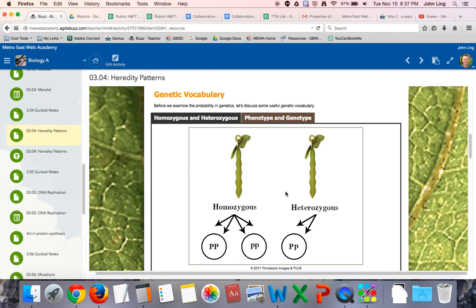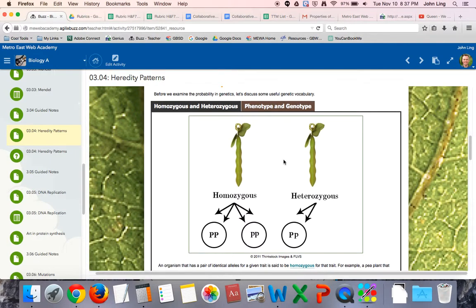So, in one case, this example here talks about flower color, of these pea pod plants here. So, the large P is a purple flower, and the small p stands for a white flower. And the reason they use the uppercase and lowercase is that the uppercase always stands for the dominant trait, and the lowercase always stands for the recessive trait.